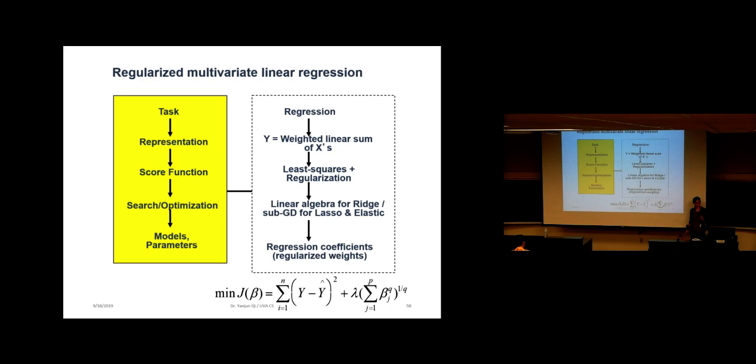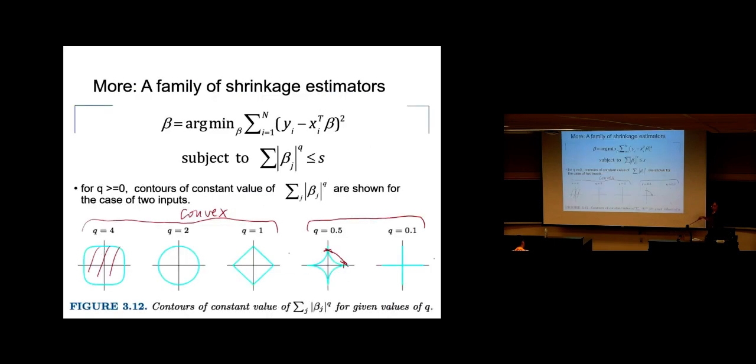They are shrunk versions of the beta least square solutions. And of course, not just L1 or L2, you can have the Q norms. You can have all the variations, like we showed before, Q equal to 4, Q equal to 0.5, Q equal to 0.1.